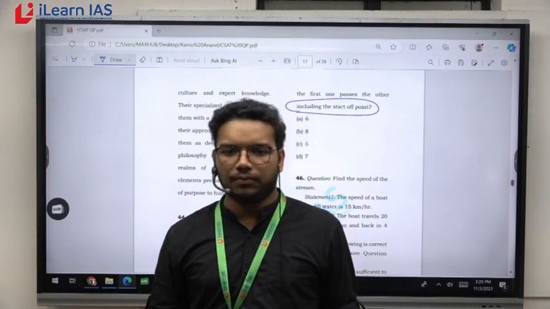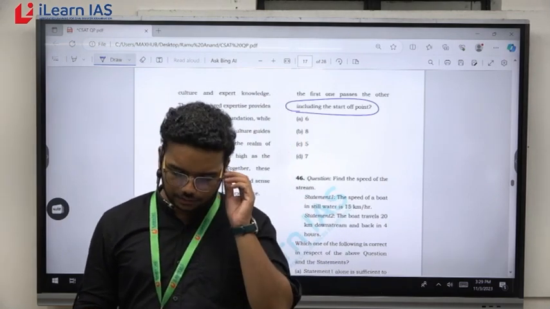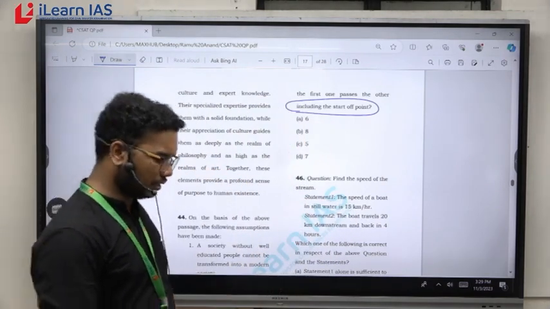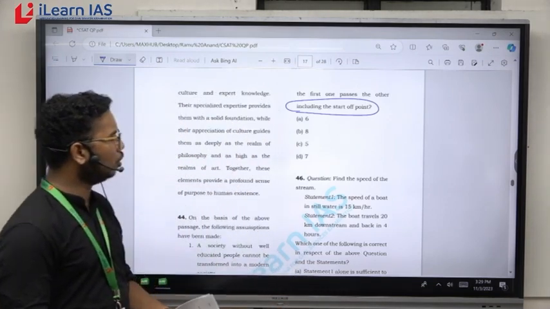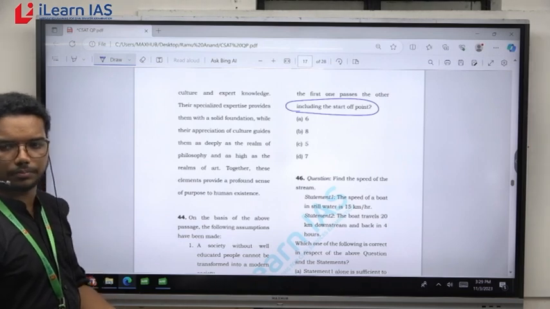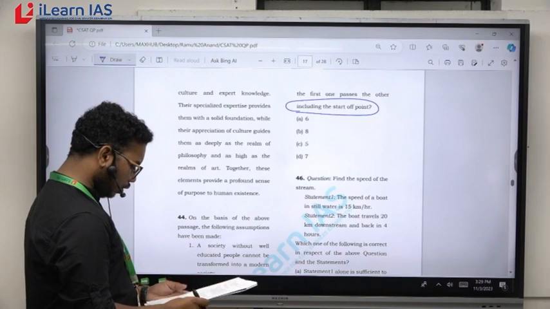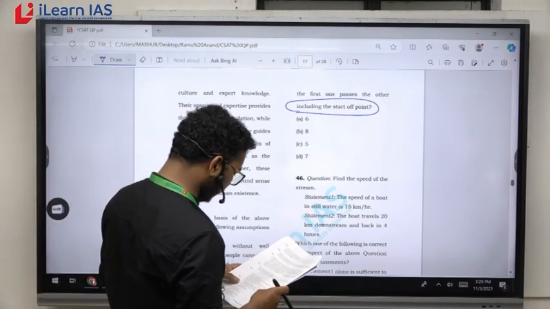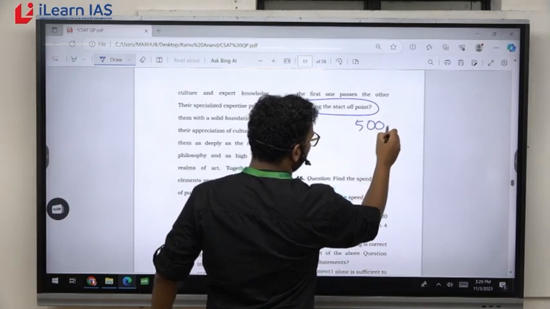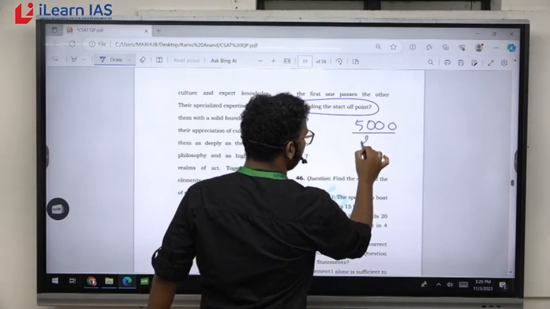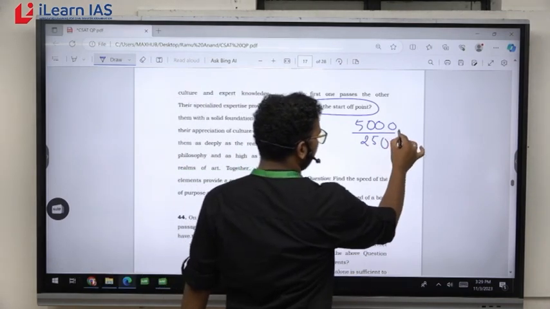So after every 3 rounds, they will meet once. Clear? Let us first see how many rounds there are. What is the total distance? Total distance is 5000 meters, or 5 kilometers, divided by 250 meters. Yes.